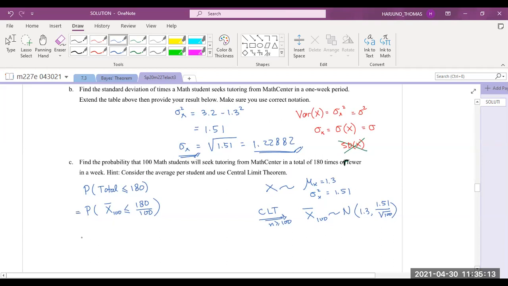This will be equal to normal CDF, negative infinity up to 180 over 100. The mean is 1.3. The standard error is the square root of 1.51 over 100. I'm sorry, I should not use square root here. Yeah, just 100.